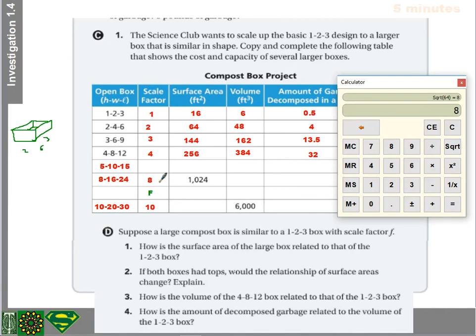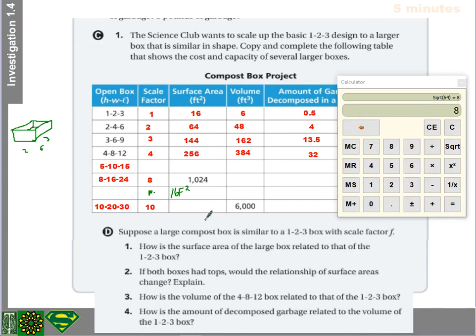So what we're doing every time is taking the scale factor, squaring it, and multiplying it by the original area. So if we have a scale factor of F, one of the best letters in the alphabet, all I'm going to do is square that scale factor and then multiply it by my original area. So we end up with 16F squared for the surface area of any 1, 2, 3 box that we make based on a scale factor of F.